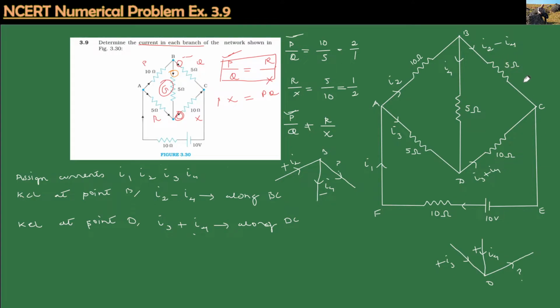And if you want to verify, the current over here will be I1 again. Why?